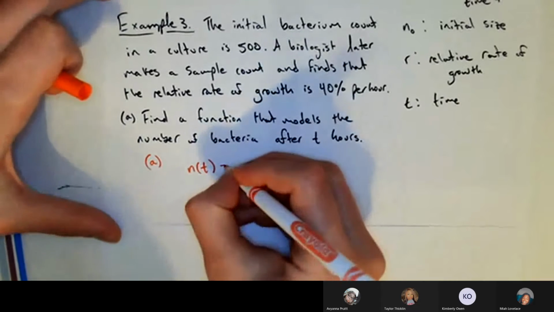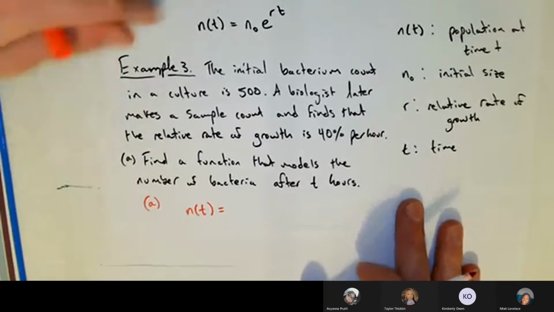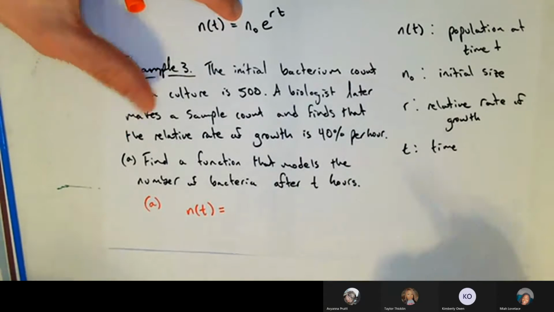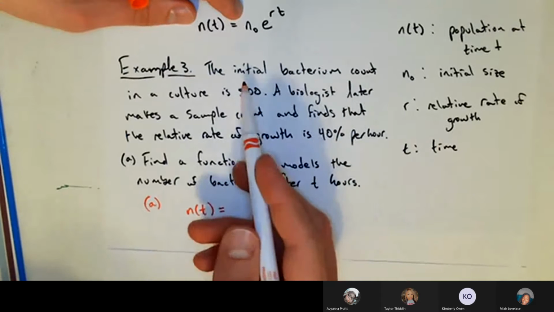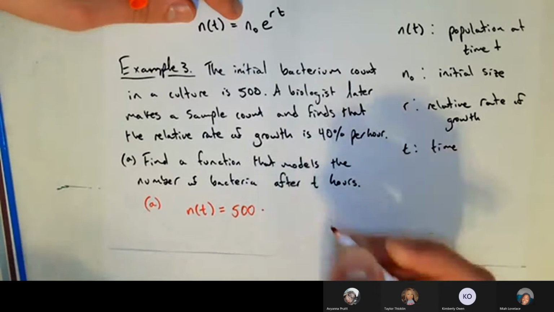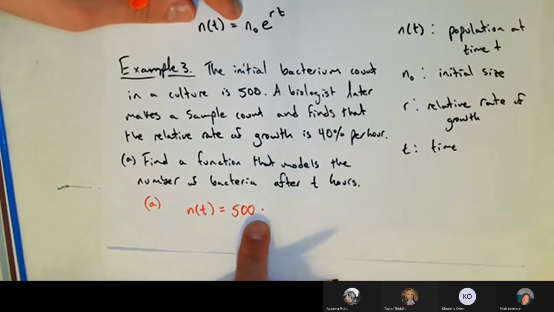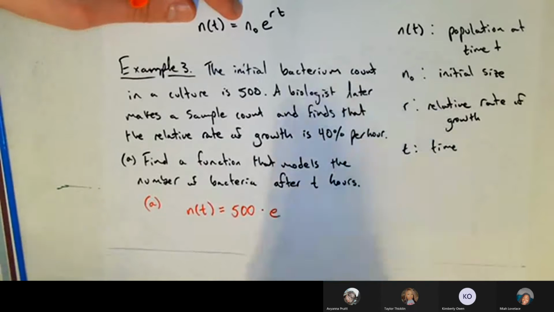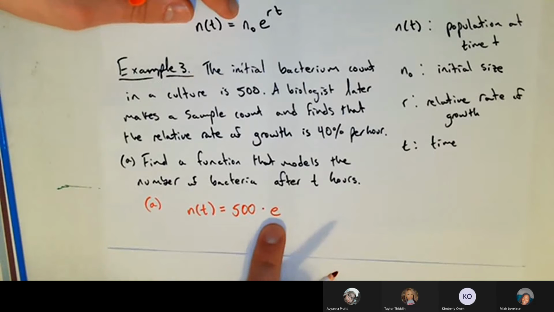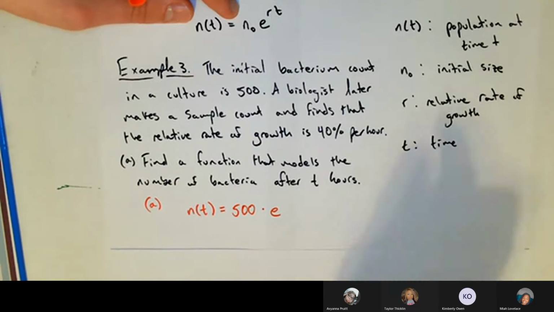Now I need an equal sign. What am I modeling it after? I'm trying to follow this setup. N naught is supposed to be the initial size. It literally tells me initial is 500, right? So that's 500 times e, which is part of the function model for this relative growth rate, so that's always going to be there. And then r is the relative rate of growth, which is 40%, but since I'm putting it up there, I don't want to have a percent, right?